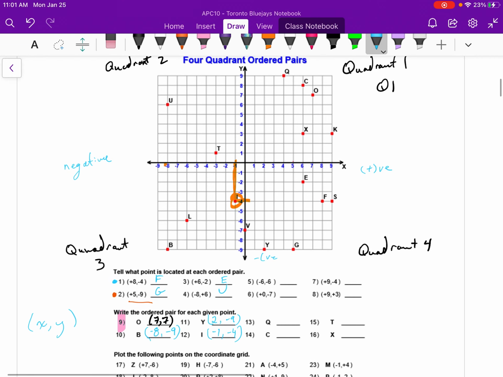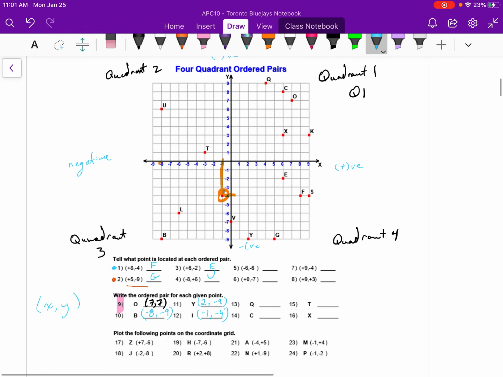All right. The last few examples that I'm going to do is I am going to plot the following points on the coordinate system.